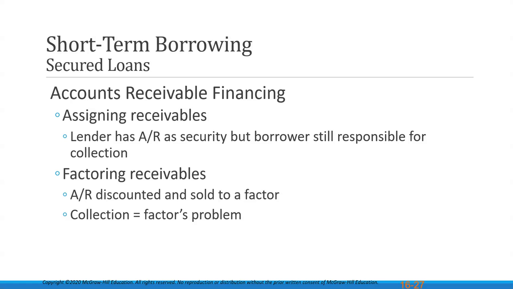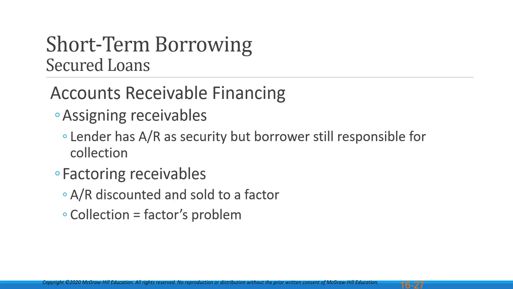Other types of short-term borrowing use accounts receivable as financing. One is to assign receivables, where we use our accounts receivable as a secured loan. We're responsible for the collection as a company, but the lender has the payments of our accounts receivable as security that we're going to pay our loan back.